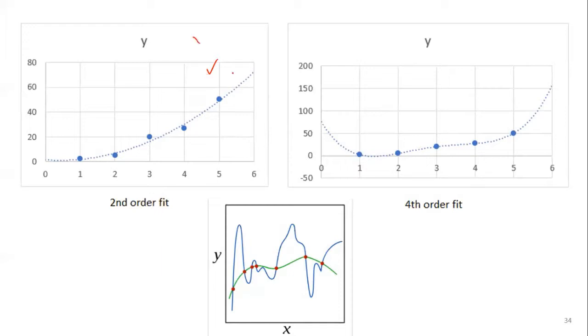You're not just trying to fit y is equal to mx plus c. What you're trying to do is y is equal to m1x squared plus m2x plus c, let's say. You're trying to do a quadratic fit. Because it's a quadratic, there will be a slight slope. The error will be naturally less as compared to a linear fit, probably.